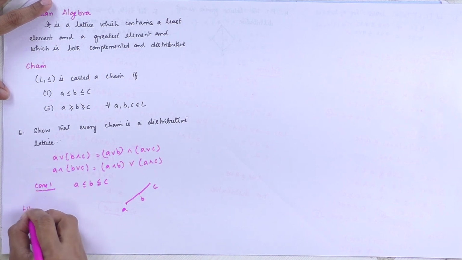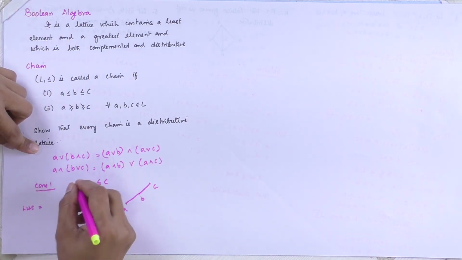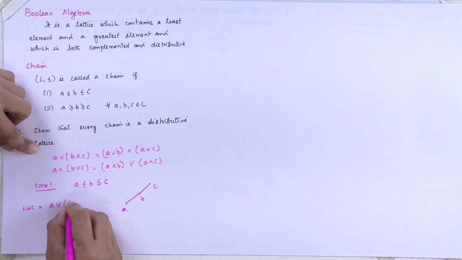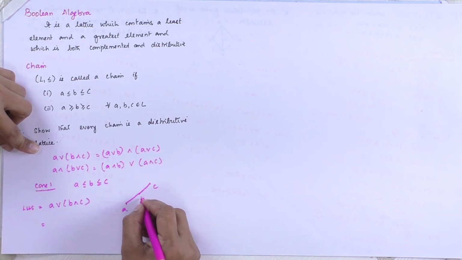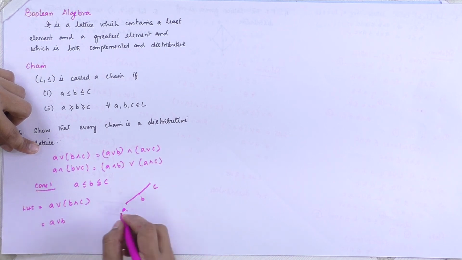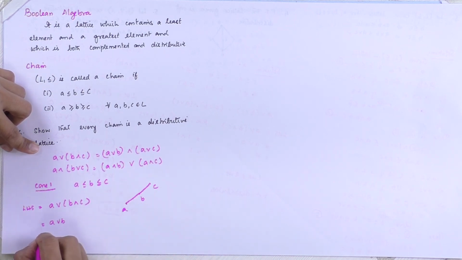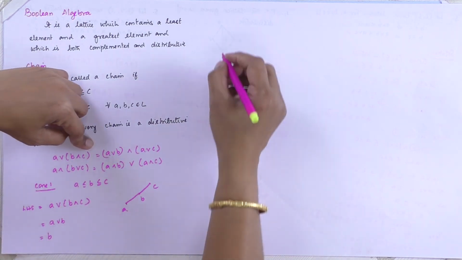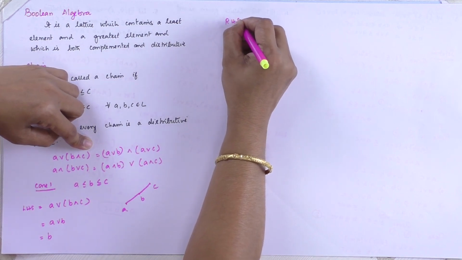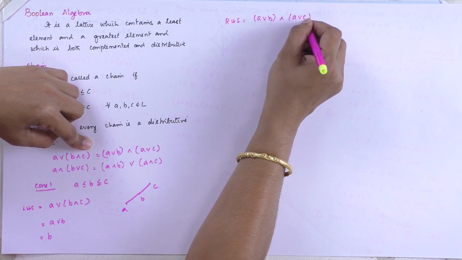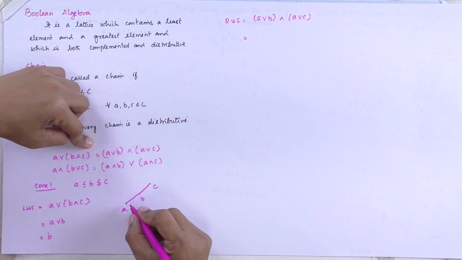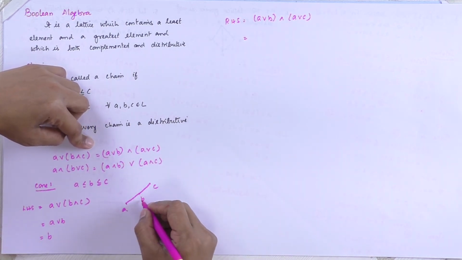So now let me take my LHS of 1. In a similar manner, we will have to do it for the next one, A or B and C. So what is B and C? Lower bound of B and C is B only, A or B. What is upper bound of A or B? It is B. Now take the right hand side. So your right hand side is A or B and A or C, which is equal to A or B. What is the upper bound of A and B?